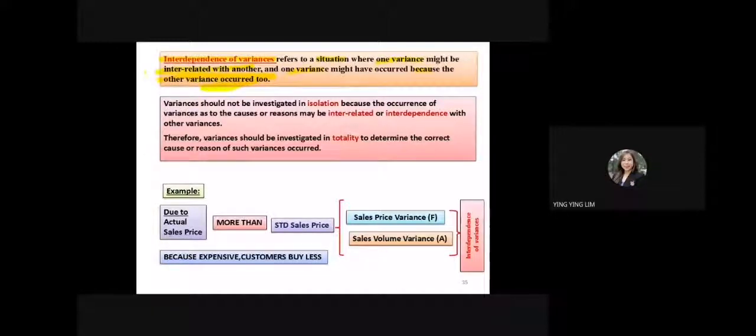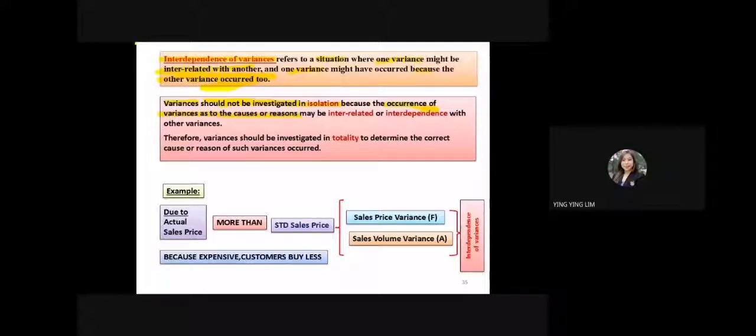Meaning to say they shouldn't be in isolation. So the variances should not be investigated in isolation, because of the causes or reasons. Just now the tree table showed you the possible causes, right? But you shouldn't investigate them in isolation.